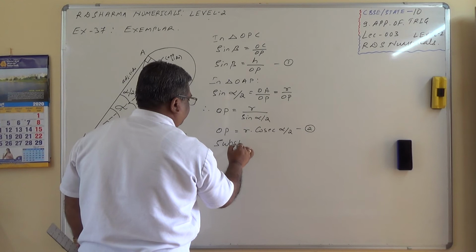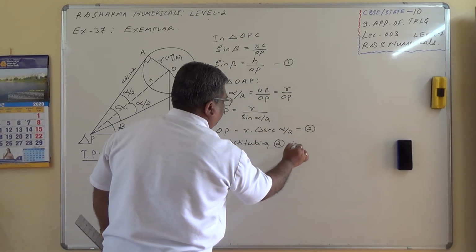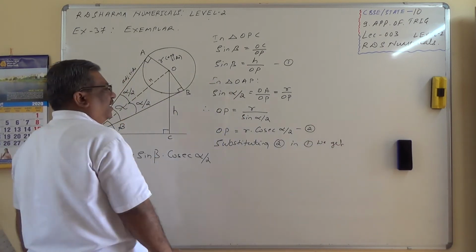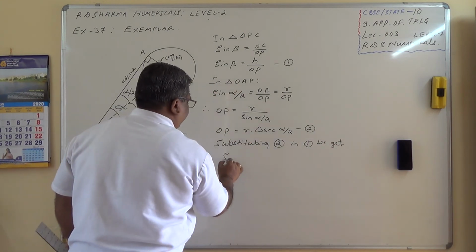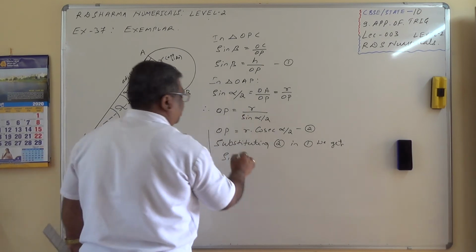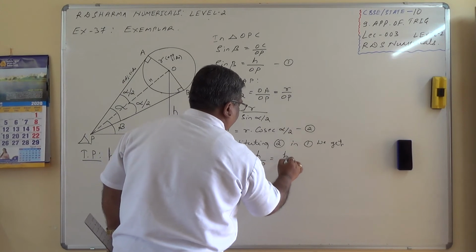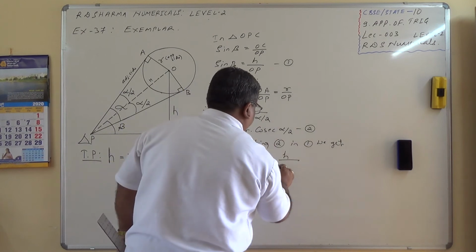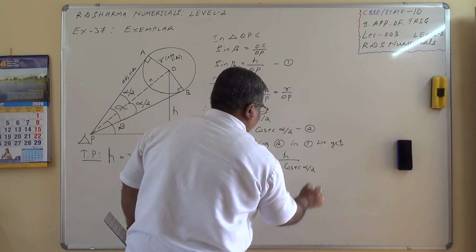Substitute 2 in 1. Substituting 2 in 1, we get sine beta equals H by OP, which equals H divided by R cosec alpha by 2, R into cosec alpha by 2.